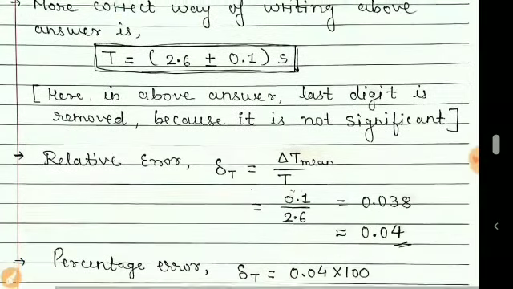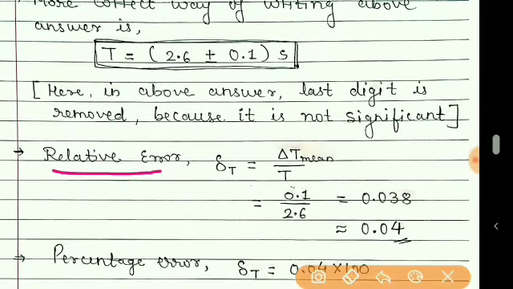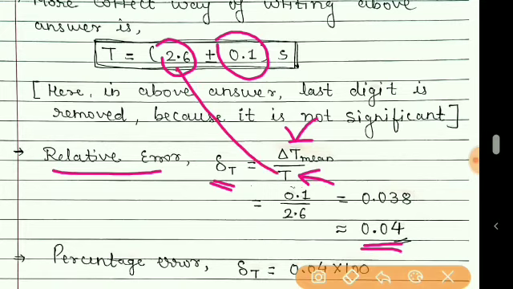Now about relative error or fractional error. It is quite simple. The symbol of this relative error is delta T over T. This is the true value and this is the error. So the average absolute error divided by the true value, that is the mean value of periodic time, gives us the relative error. Use 2.66 here and 0.1 as delta T, and simply calculate it.